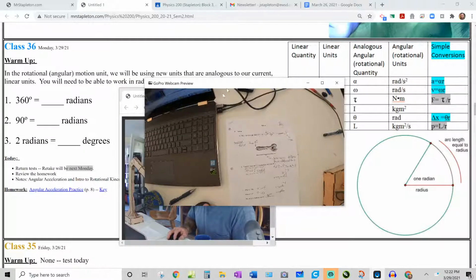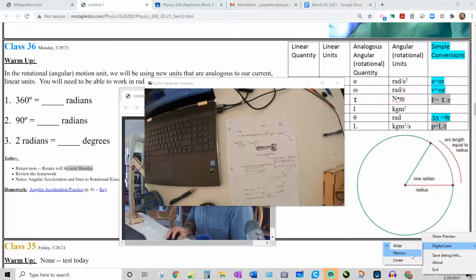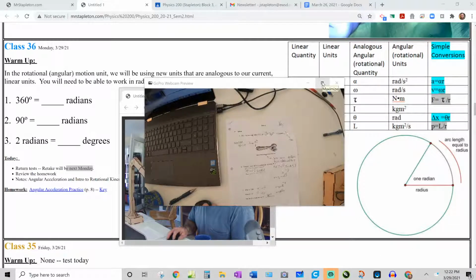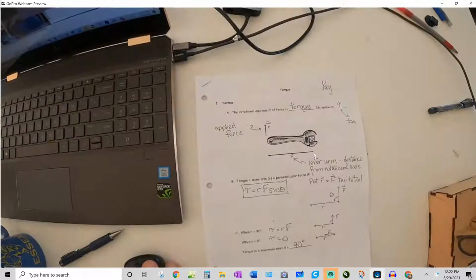Go over C on the second. Alright, Jack, hold on for a minute. Just got to change this so it's not wide angle, or it's just way too wide. Still looks like wide angle to me.